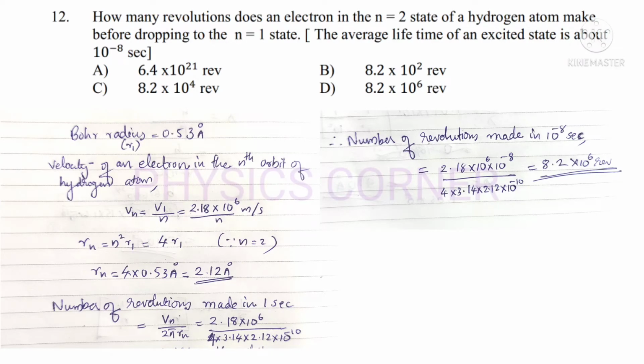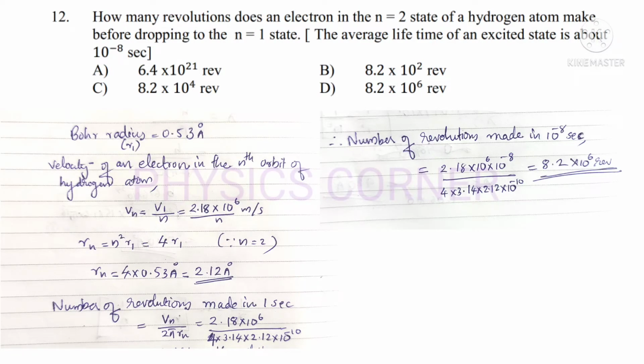And what we have to calculate is the number of revolutions, which is 1 by t, right? So the number of revolutions made in 1 second can be calculated using this expression, and we have to calculate the number of revolutions made by the hydrogen atom in 10 raised to minus 8 seconds.